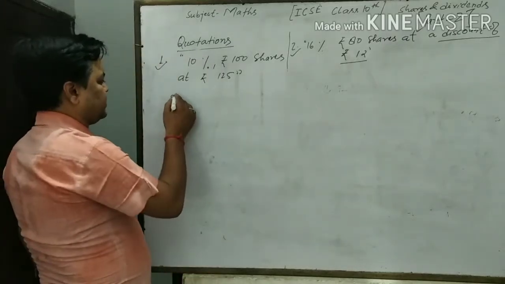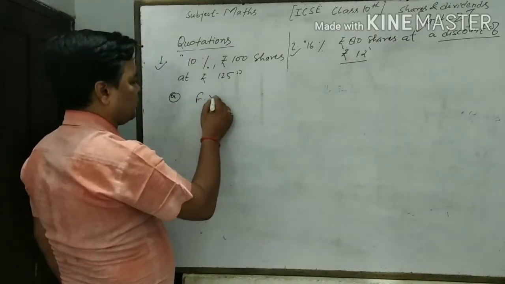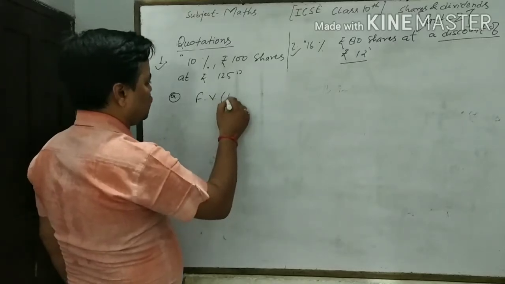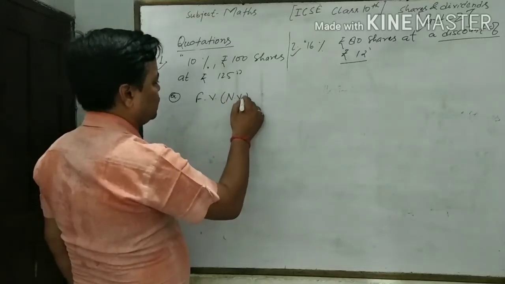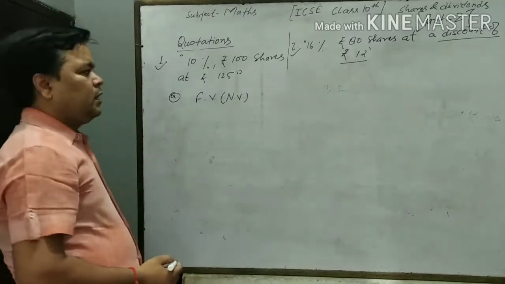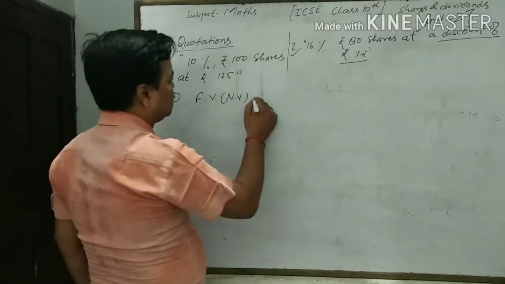The first value is the face value, also known as nominal value. You know what a nominal value is. Its value is rupees 100.